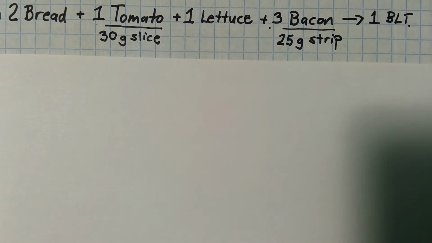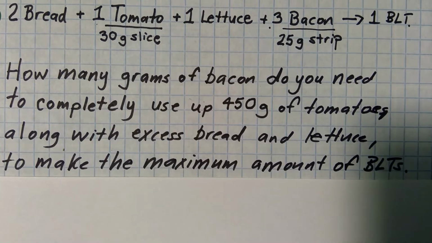So our question is, how many grams of bacon do you need to completely use up 450 grams of tomatoes? You're going to have an excess amount of bread and lettuce, and you end up using all of the tomatoes to make as many BLTs as possible.